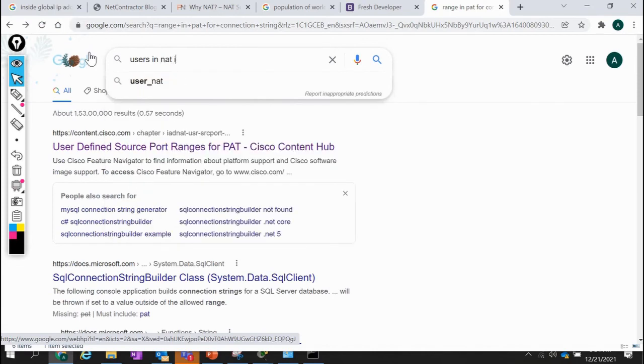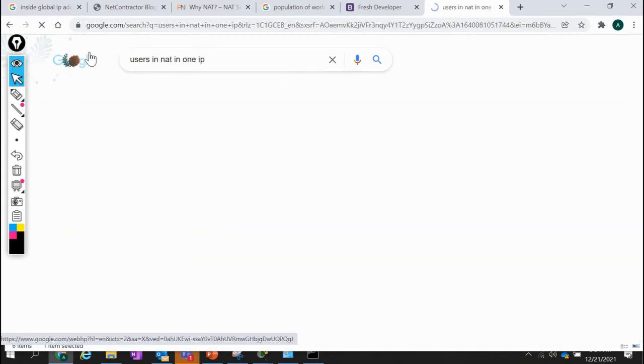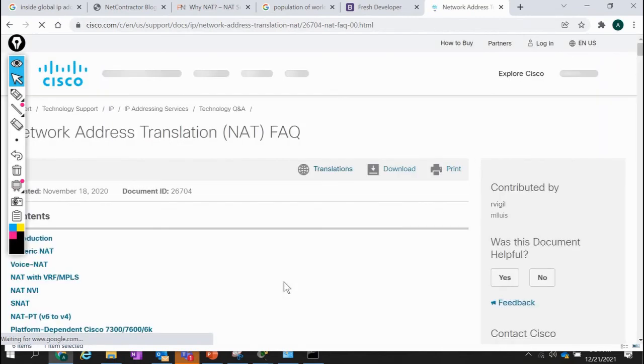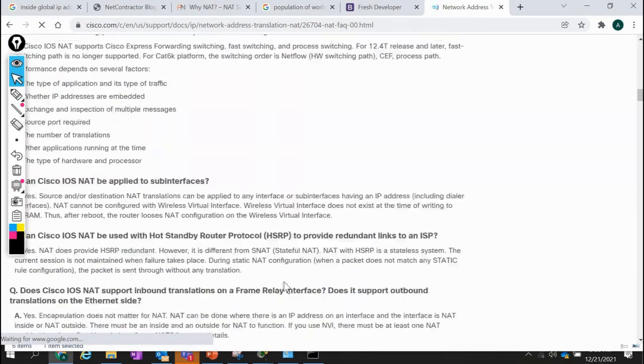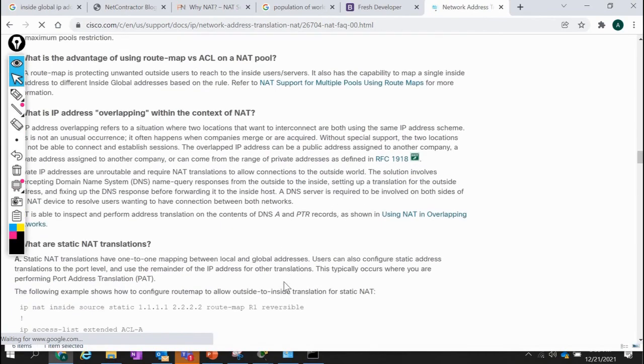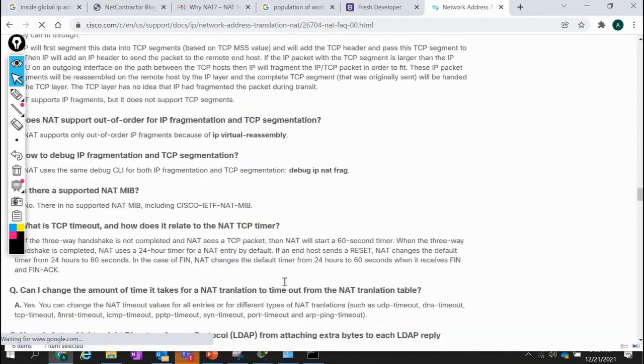Users in NAT in one IP. Network address translation NAT. I think this can give us a better understanding, or it is still not what I'm looking for.